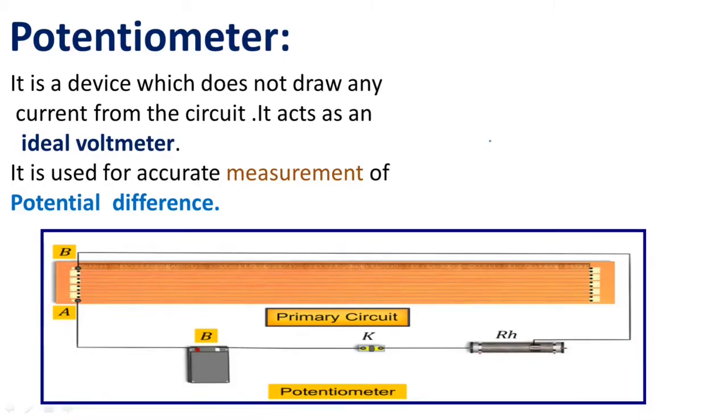Potentiometer is a device that has infinite resistance so that it does not draw any current from the circuit, acting like an ideal voltmeter, and hence it is used for accurate measurement of potential difference.